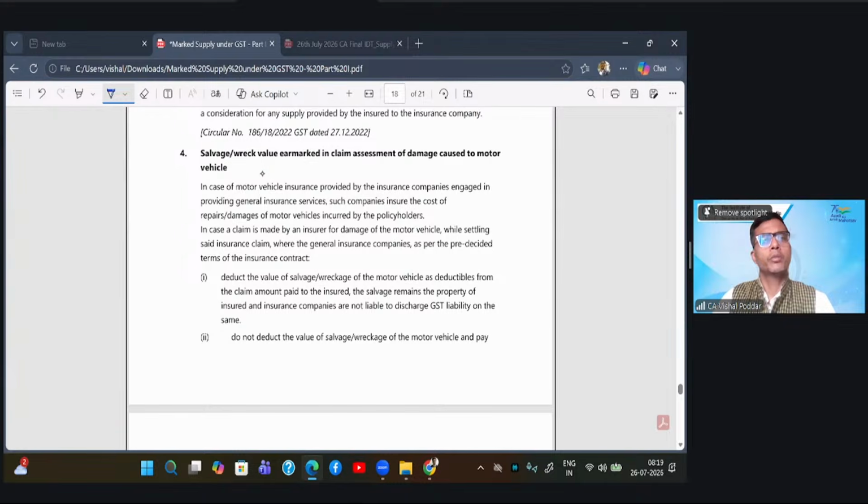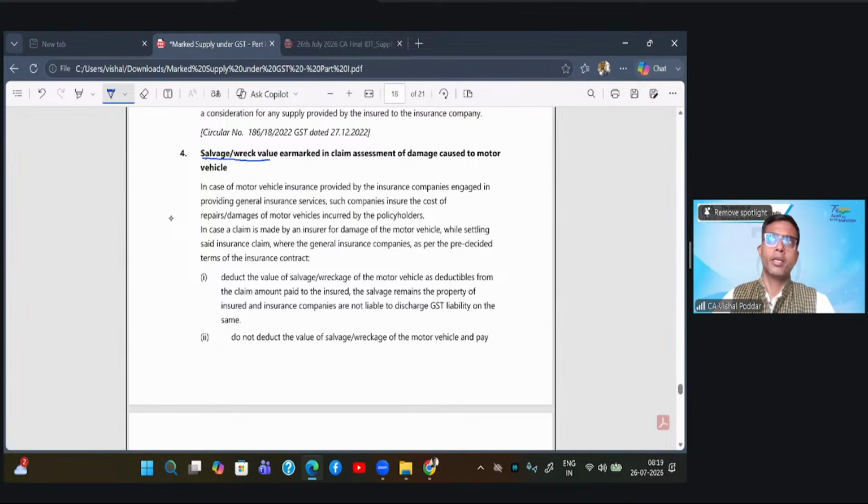Next scenario students come across is that whenever you have taken a policy and let us say some damage is caused. Let us say the policy was of some machinery and there was some fire and the machinery gets destroyed in that fire. But many times there is some salvage value. Now, this salvage is taken over by the insurance company.